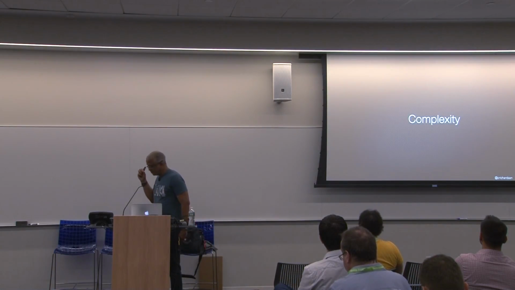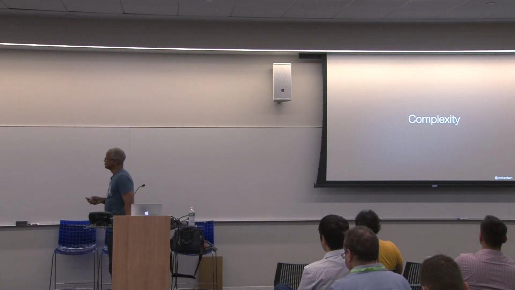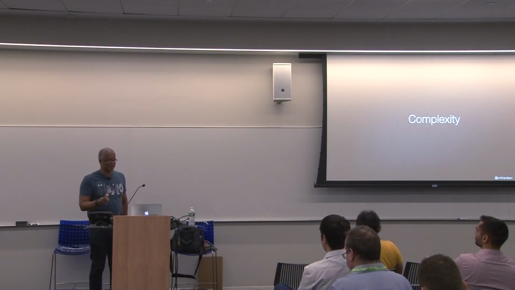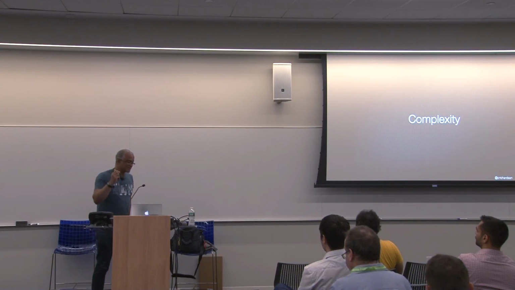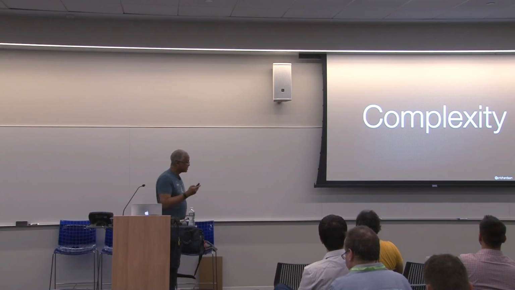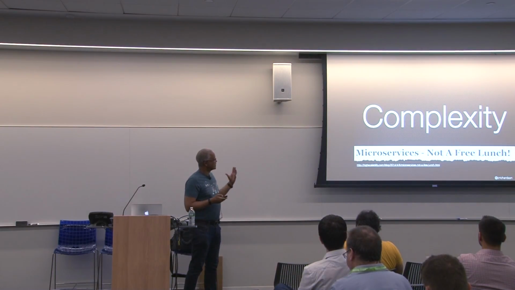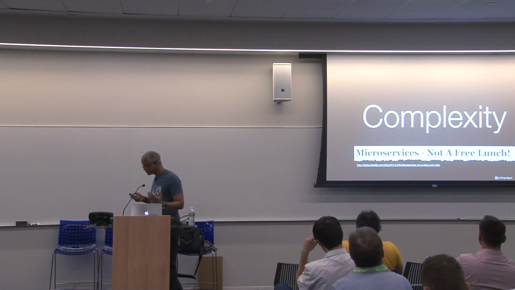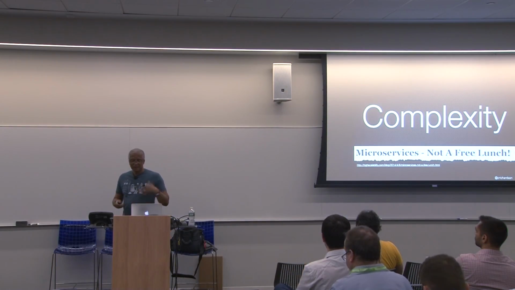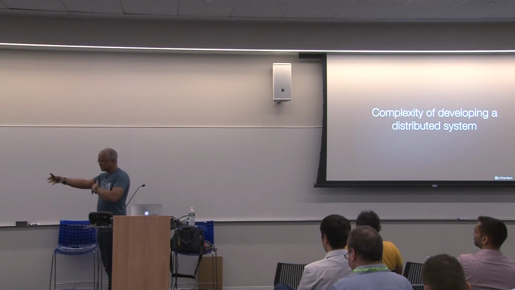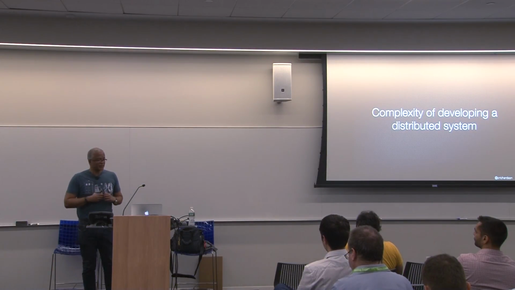And by far, as I hinted at a minute ago, a significant downside of the microservice architecture is a different form of complexity. It's fundamentally due to the fact that you are building a distributed system. Whereas before, when you invoked another module, that was just a regular method call.